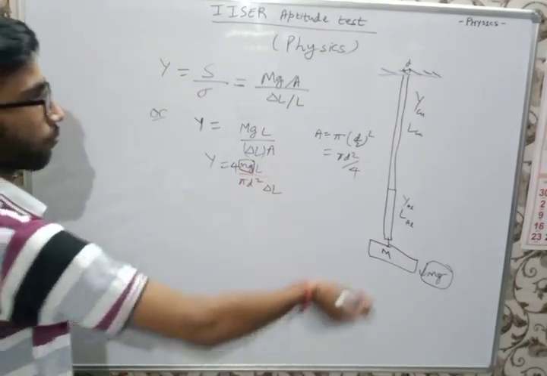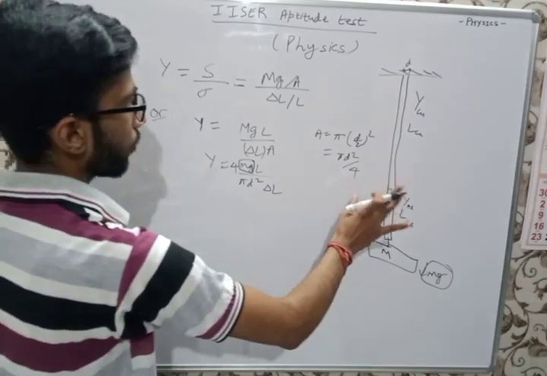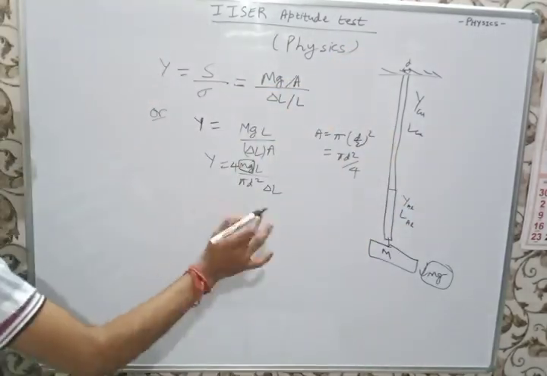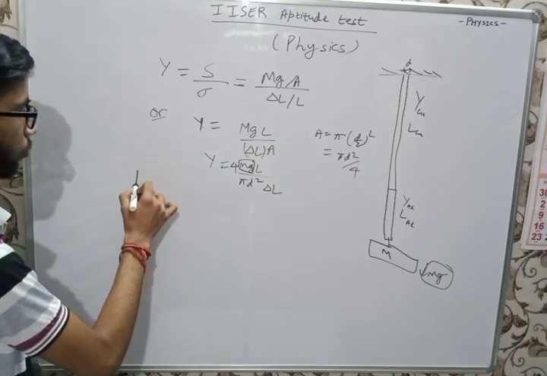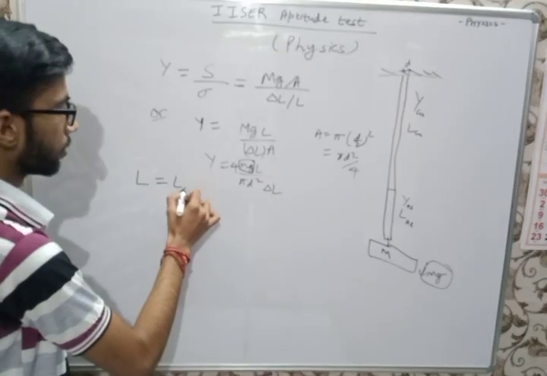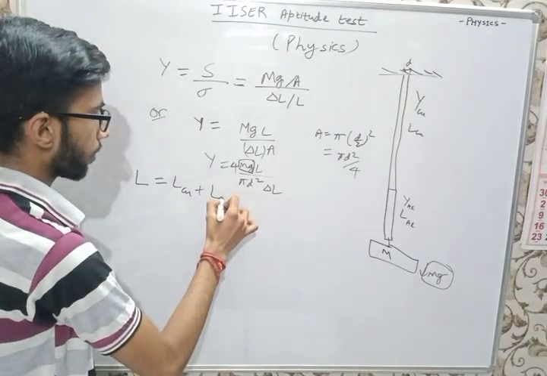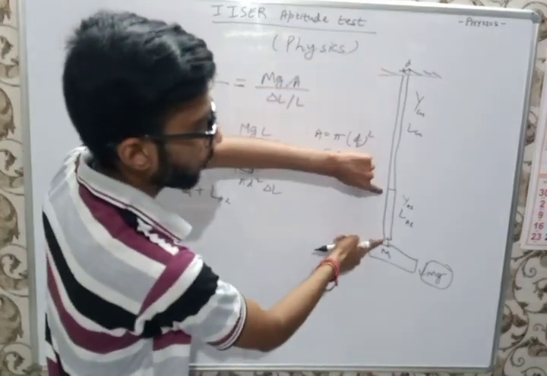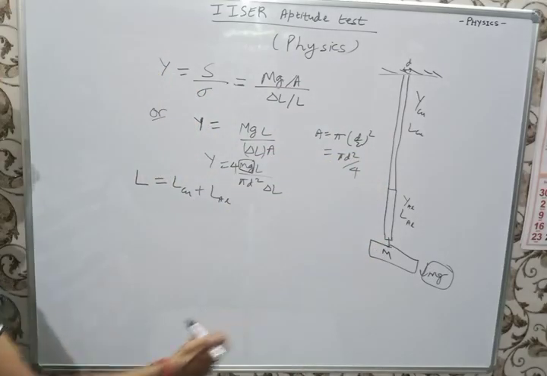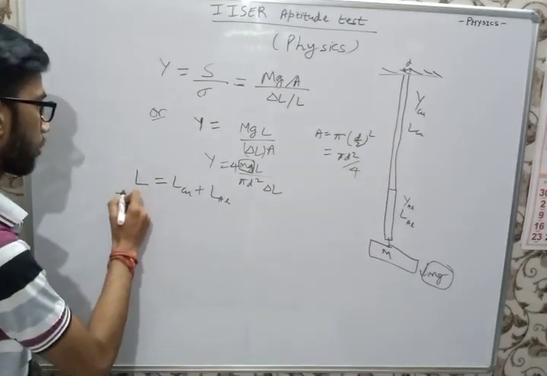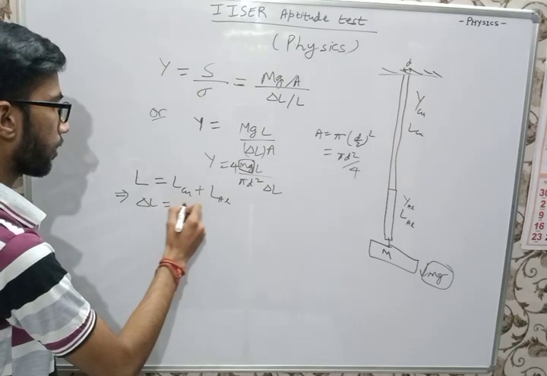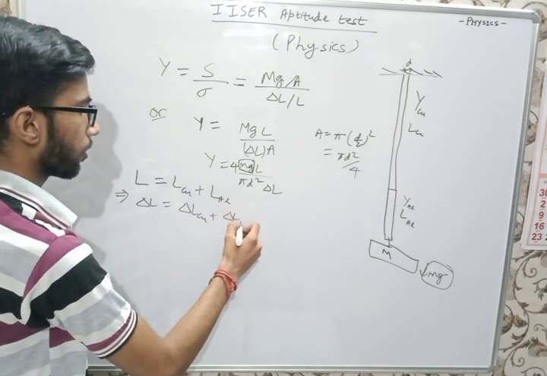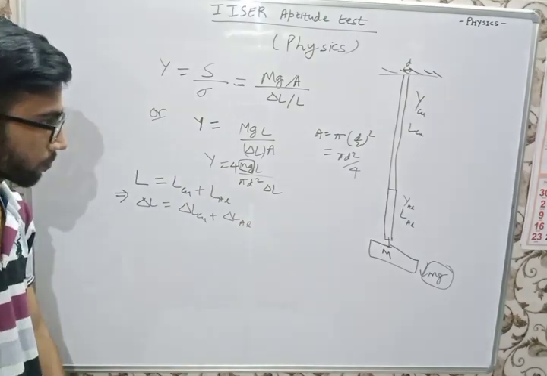Now see, for the first wire, the length of this wire is L_Cu. So basically, the total length of the wire is L_Cu plus L_Al, the total length of the copper wire plus the length of the aluminum wire. So what is the change? Total extension is simply extension in copper wire plus extension in aluminum wire.